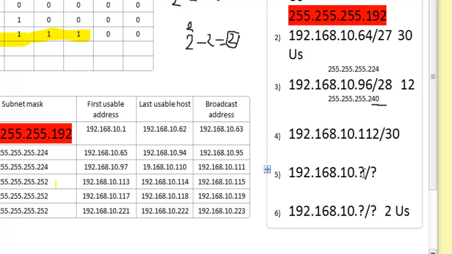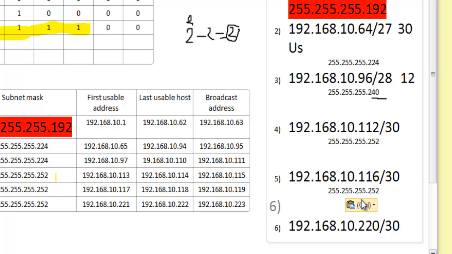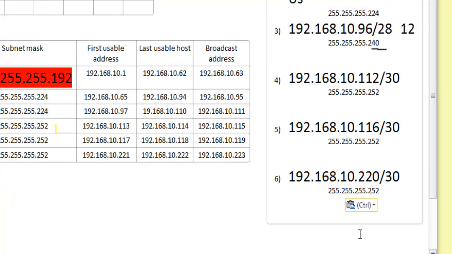And this one here is 116 slash 30 again, because it's point to point, and here 120 slash 30. Subnet mask for all of them is the same, 252, point to point, 252, and again here also is 252.